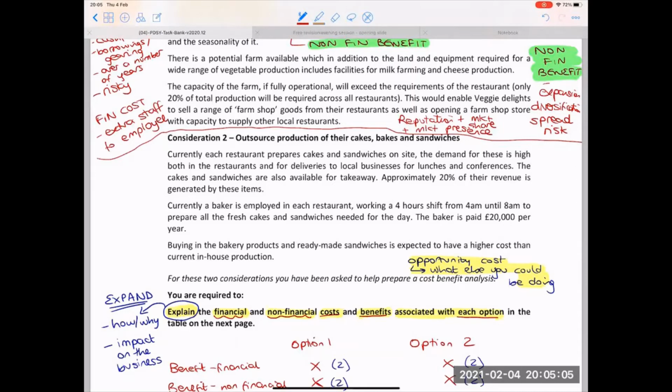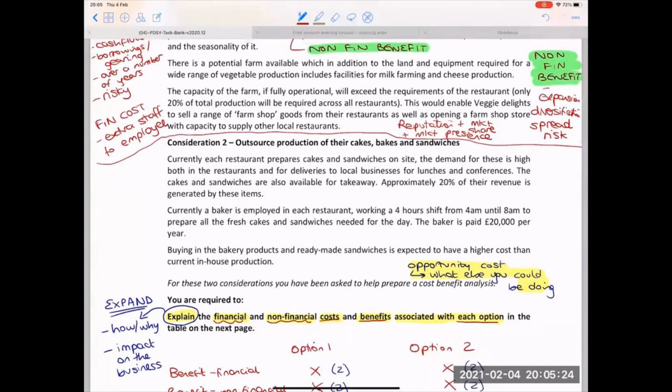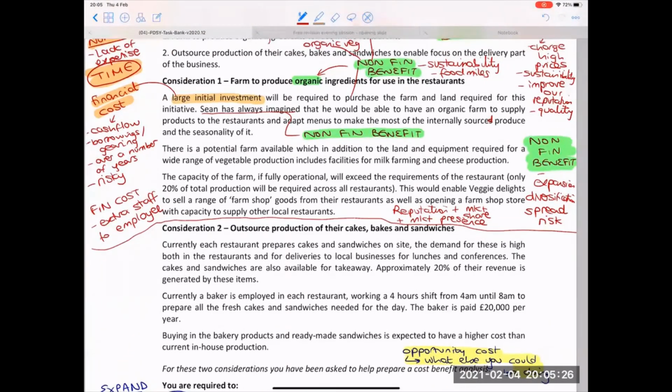I think you need a well-explained idea, possibly 2 if you had the time for them. But I really don't want you to spend too long on these questions because they can be a real time drain. So have an idea, state the implication, and then the impact on the business is kind of where you're at with it.